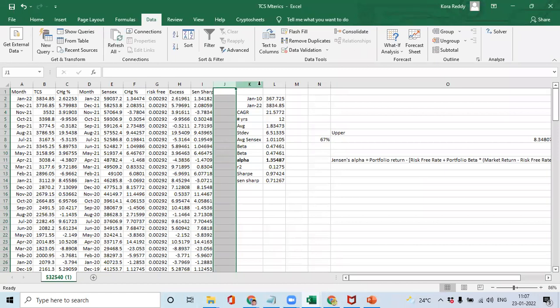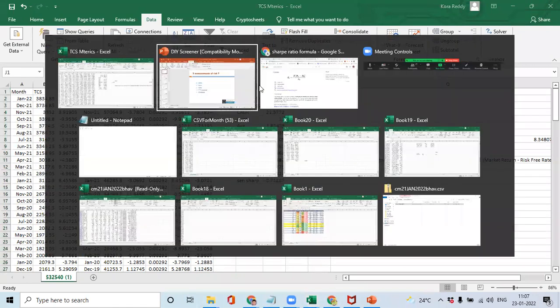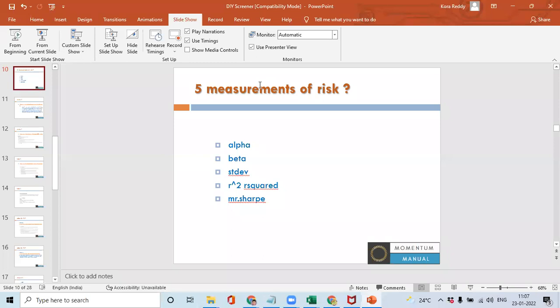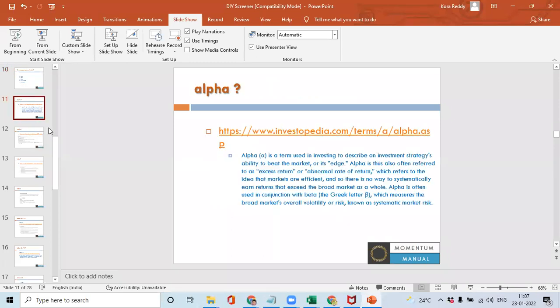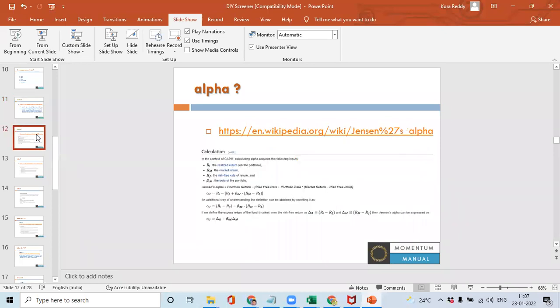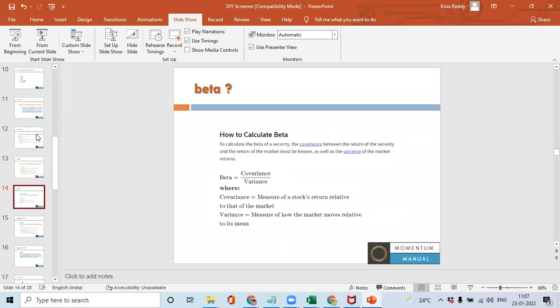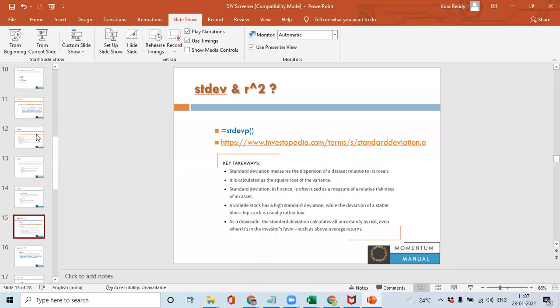How much excess did you generate? Did you generate excess returns or no? We have done this, and we know how to calculate beta, standard deviation and R square.